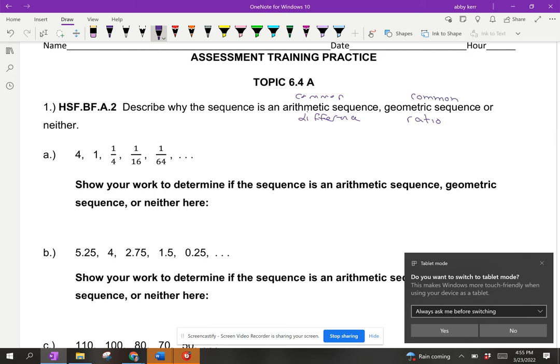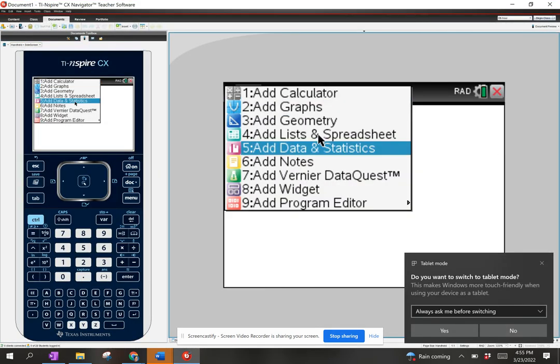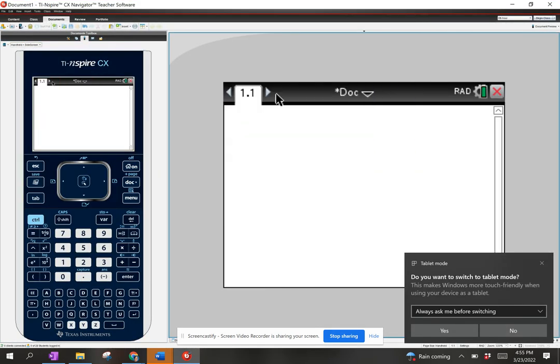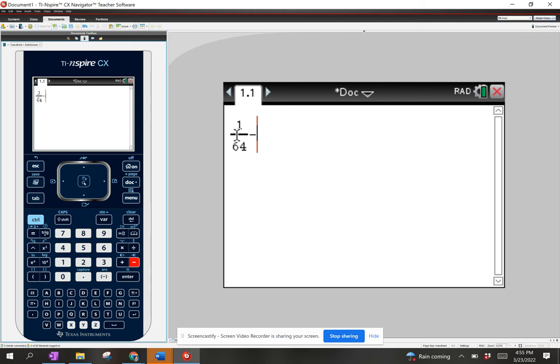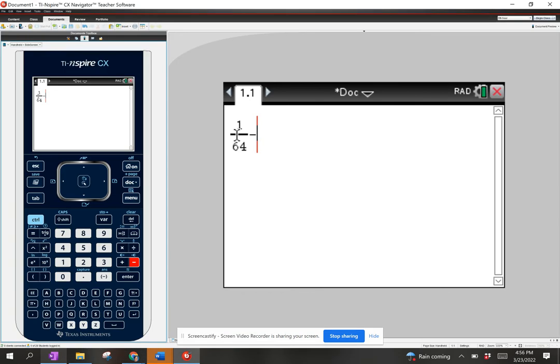So you always want to start from the last term that is written for you. And then I recommend subtracting first, but it's up to you. I like to do control divide, especially when you're dividing fractions. 1 over 64, and then the previous term is 1 over 16.